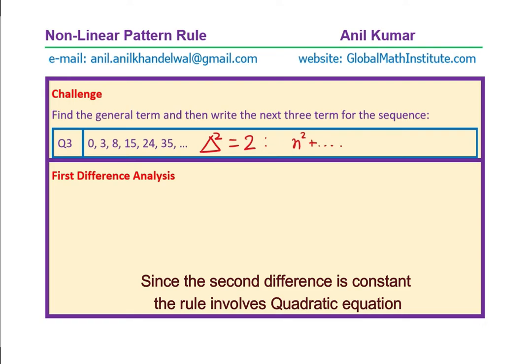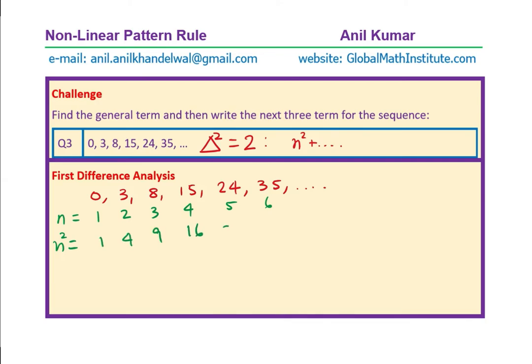So let's look into this sequence, which is 0, 3, 8, 15, 24, 35, and so on. What is the value of n? Well, let's write down the value of n, which is 1, 2, 3, 4, 5, 6. These are the term numbers. And what is n squared? Square of these will be 1, 4, 9, 16, 25, 36. And what do you notice?